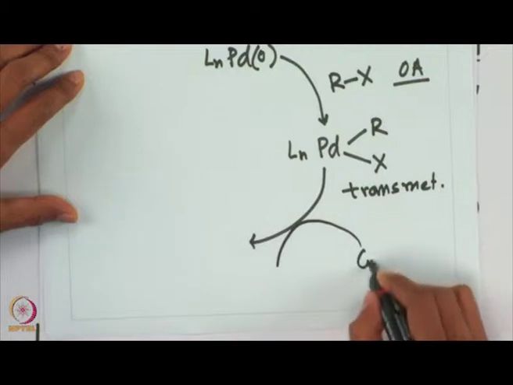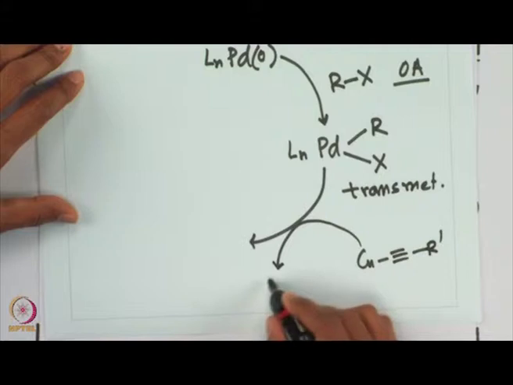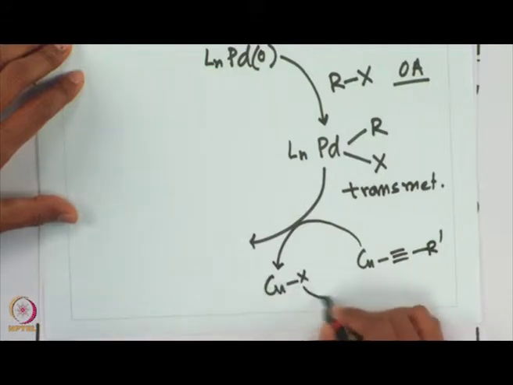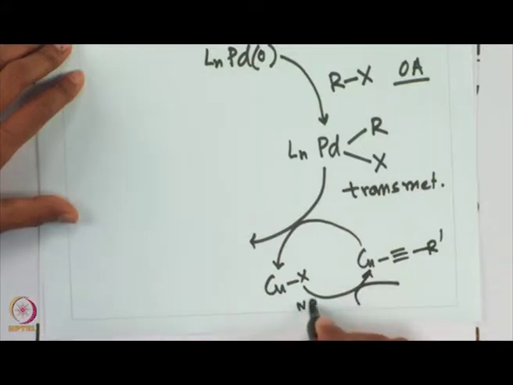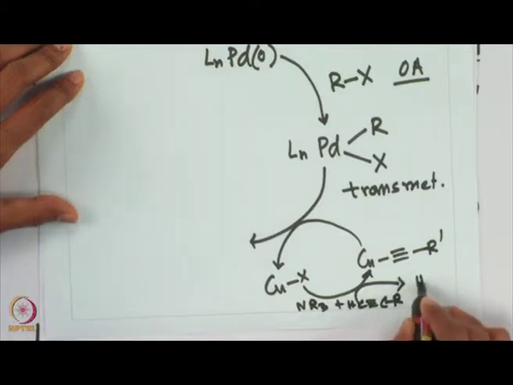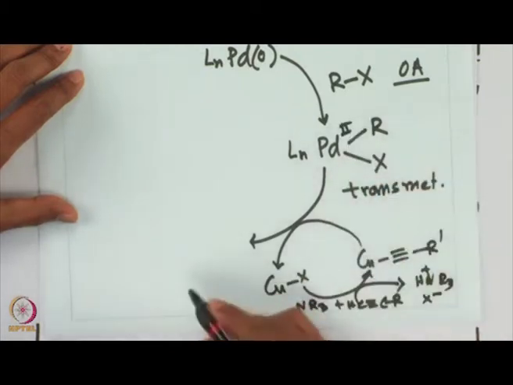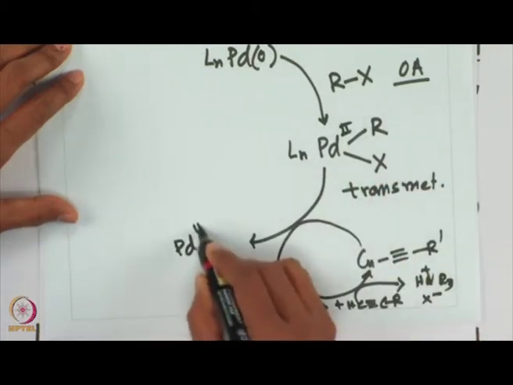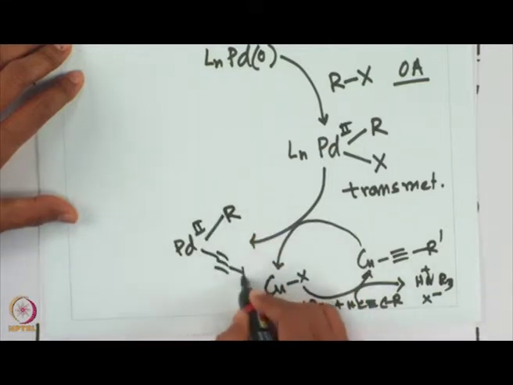We have the copper acetylide intermediate to give you overall CuX coming out, and in the regeneration stage we have a stoichiometric amount of base plus HC, the starting material, and over here we have HNR3 X minus coming out. During the transmetallation step, of course, this is a palladium 2, during the transmetallation again it is the palladium 2 and the acetylide intermediate is involved.